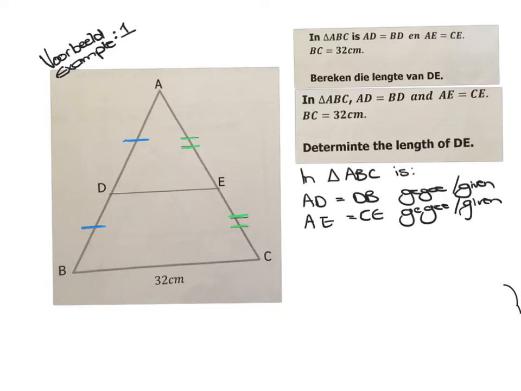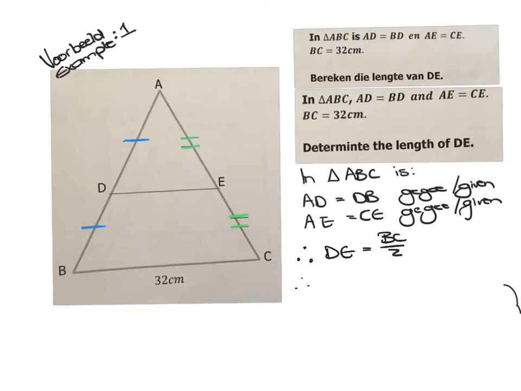In driehoek ABC is, in triangle ABC is, AD equal to DB. Hulle gee dit vir jou hierso. It's given here. AE equal to CE. Dis klaar gegee. So jy moet dit gaan neerskryf, dis dalk vir jou punte werd.